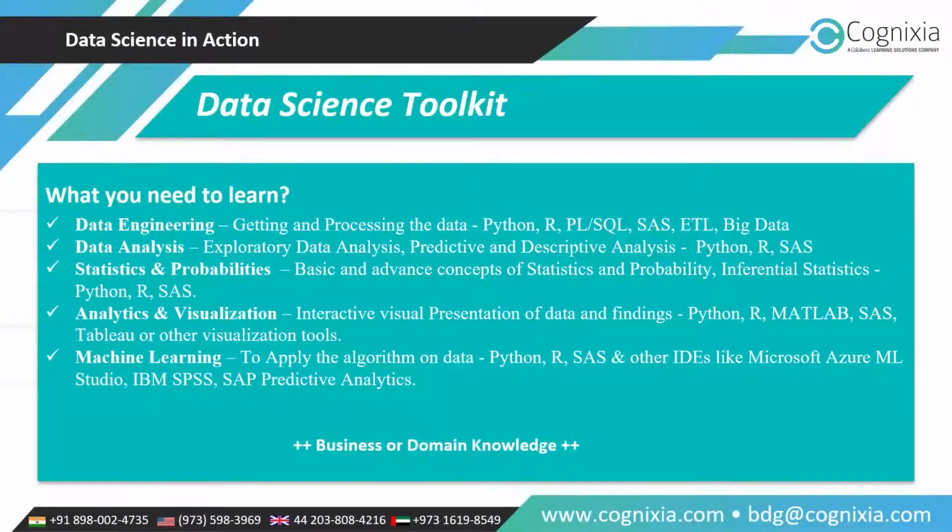But learning business knowledge or having domain knowledge is not something that you can learn from books or trainings. This is something that you will gradually get when you actually work on real world projects. Then you get the business knowledge, then you get the domain knowledge. So in whatever industry, in whatever domain you are working on, make sure you are understanding that domain.